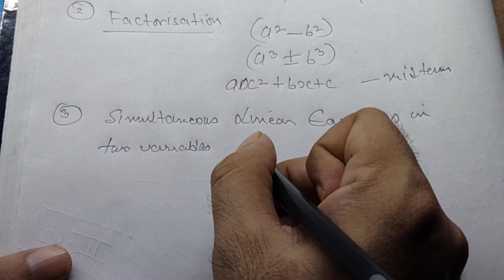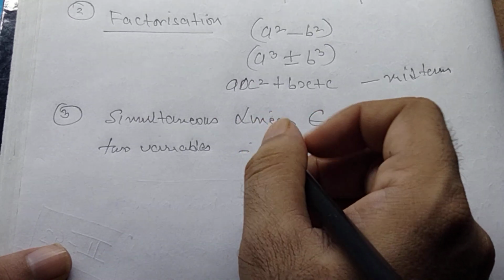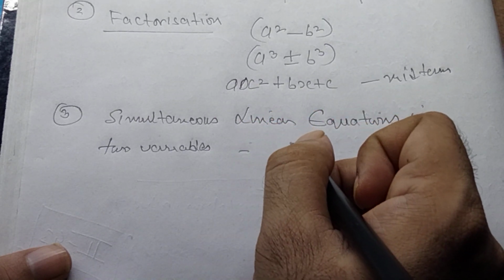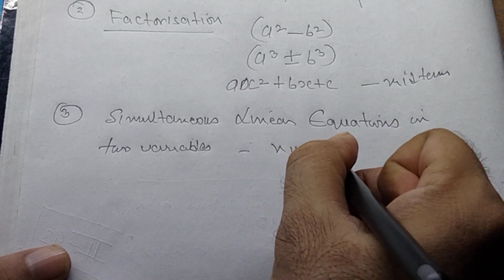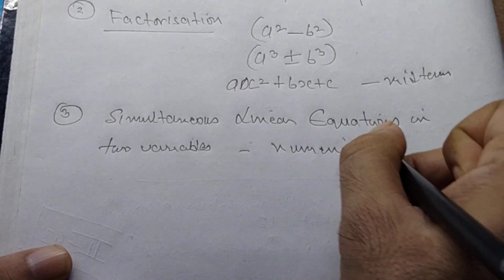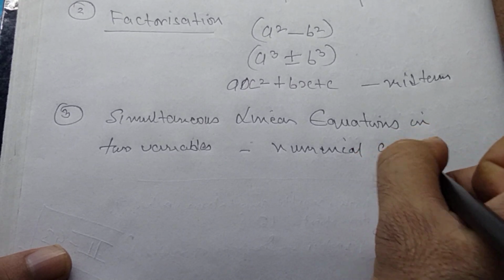Okay, so the coefficients you are going to have in these simultaneous linear equations is only numerical coefficients.